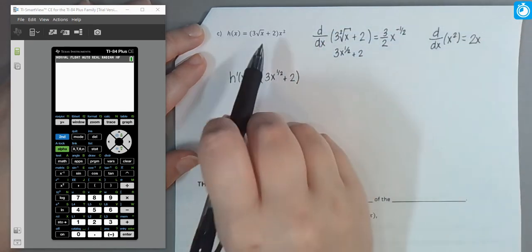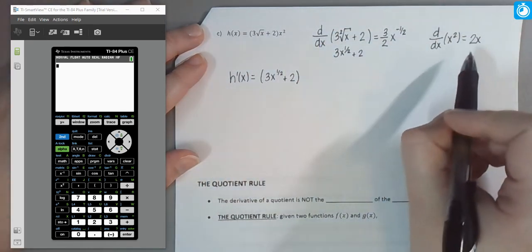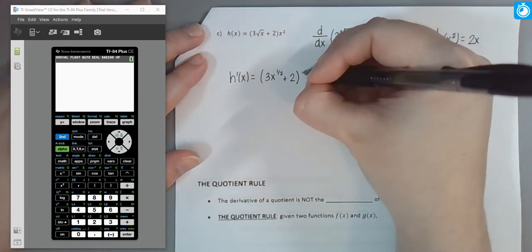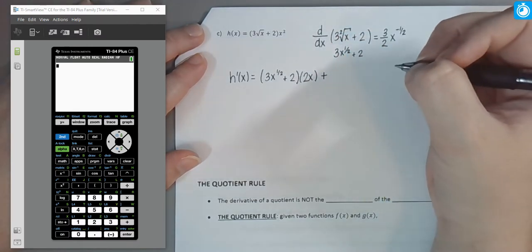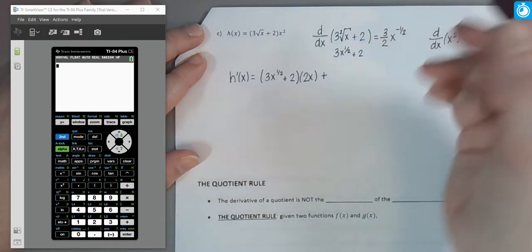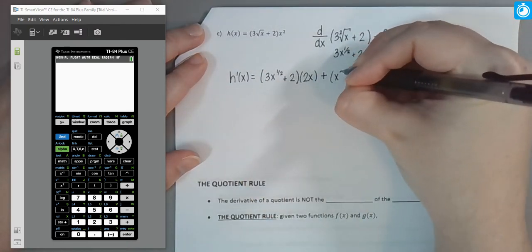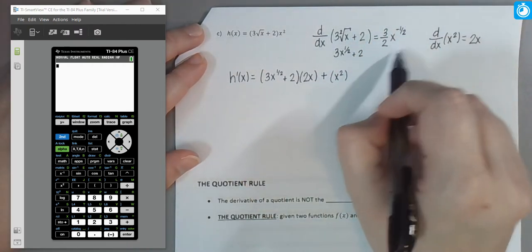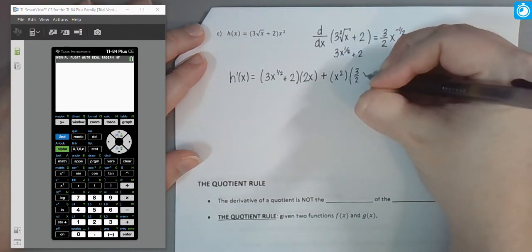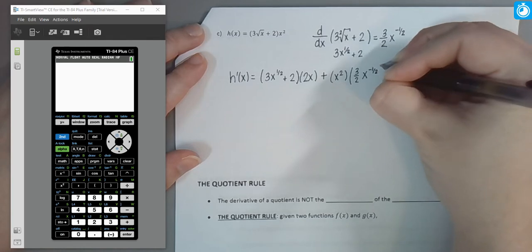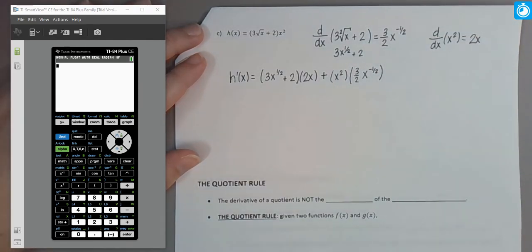So the first expression times the derivative of the second, which would be 2x, plus the second expression, which is x squared, times the derivative of the first, which is 3/2 times x to the -1/2.